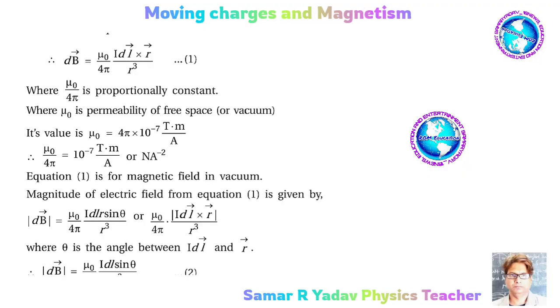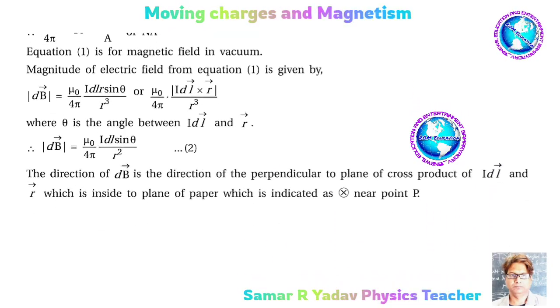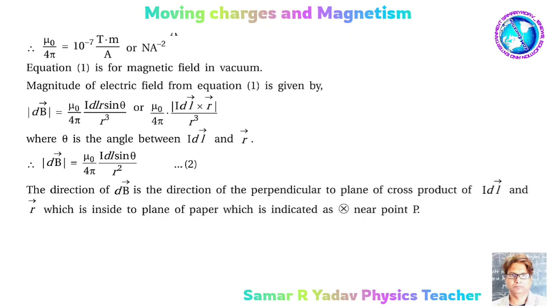Magnitude of magnetic field from equation 1 is given by magnitude of vector dB equal to mu0 upon 4 pi I dl r sin theta upon r cube, or mu0 upon 4 pi in magnitude I dl vector cross r vector upon r cube, where theta is the angle between I dl vector and r vector.